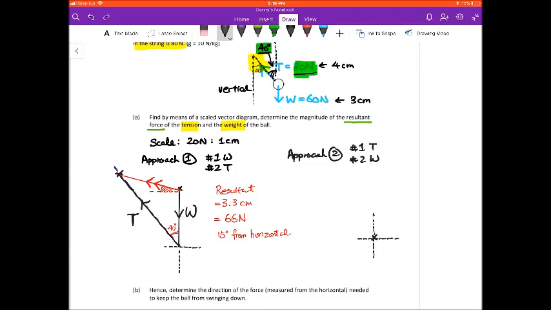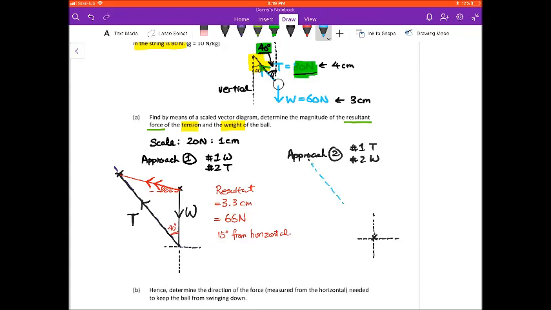Okay, then I will measure 40 degree from the vertical. So 0, 10, 20, 30, 40. 40 is there. Then I will take my pen and I draw my 40 line.